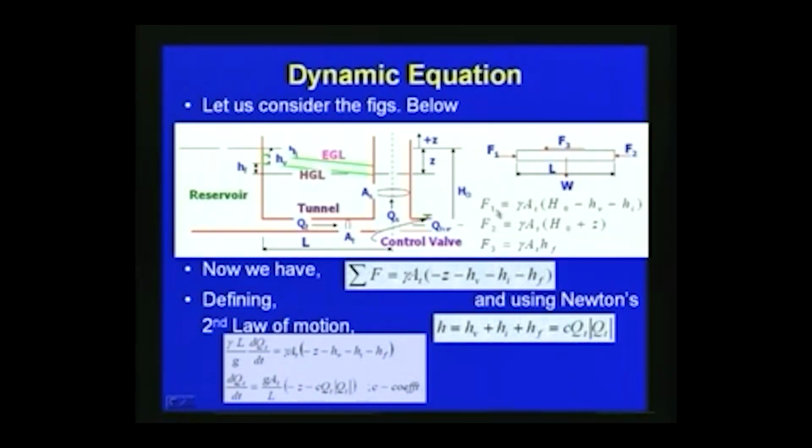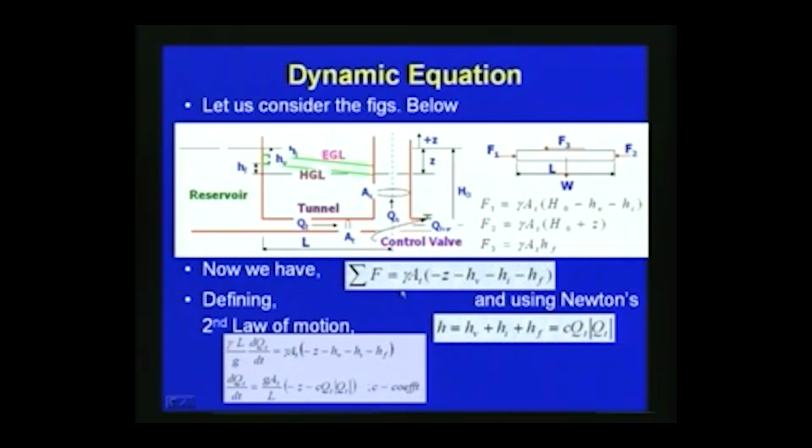Now F1 is obtained as gamma AT into H0 minus HV minus HI, and then F2 on this side, with respect to this figure, we can write as gamma AT into H0 plus Z. And then F3, with respect to the friction loss, we can write as F3 equal to gamma AT into HF, the friction head.